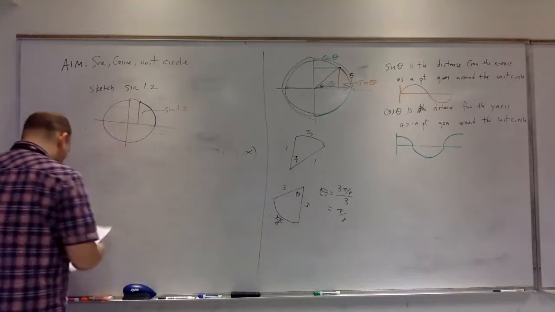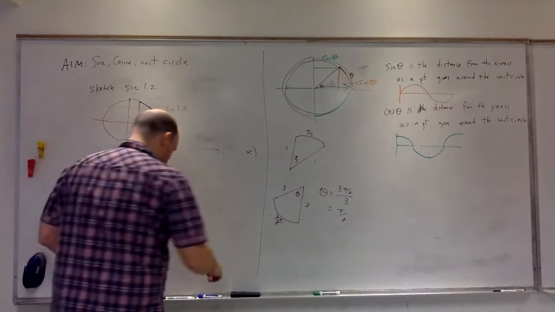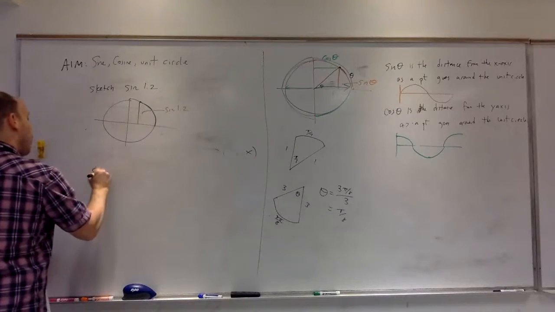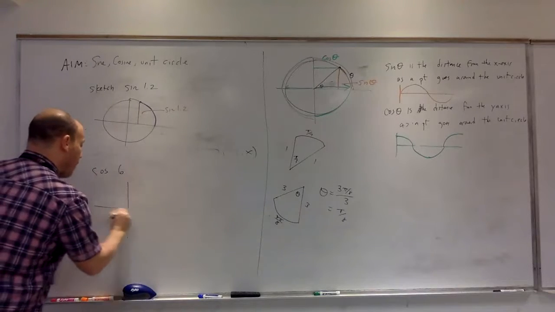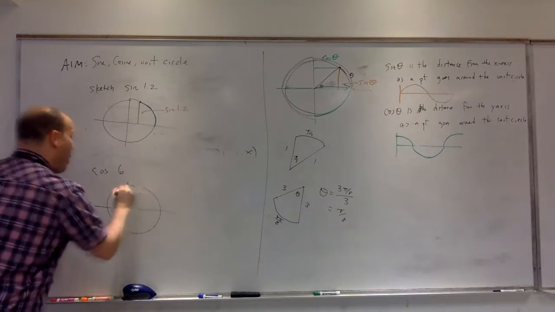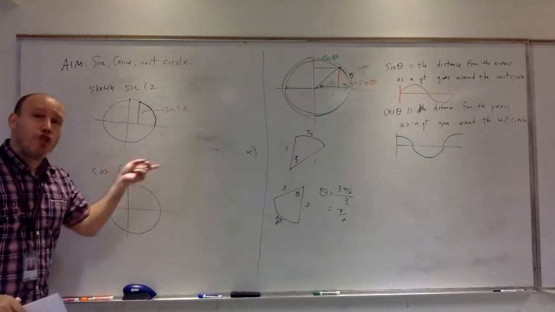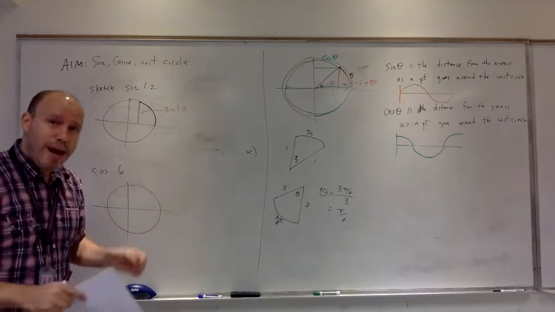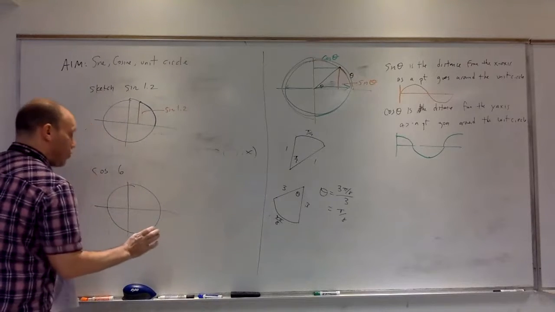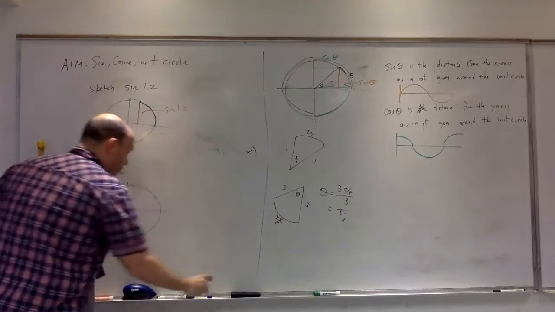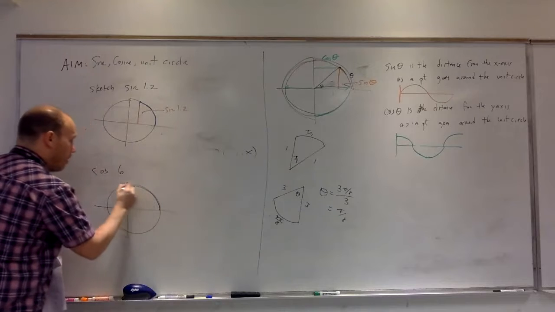Let's try another one. The cosine of 6. So you're like, okay, this is fine, I got this. I have my unit circle. I know that a full rotation is 2 pi, or 6.28. Therefore, I know that a rotation of 6 takes me somewhere in the 4th quadrant.